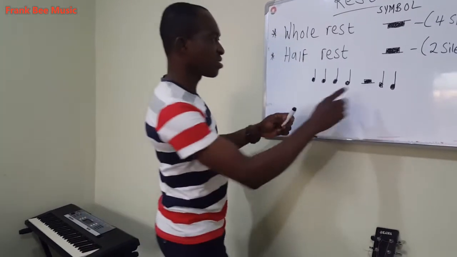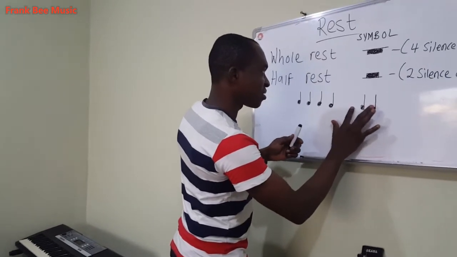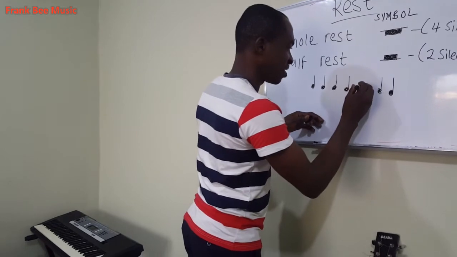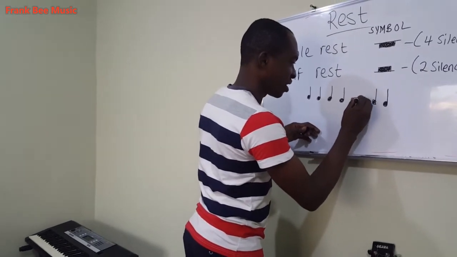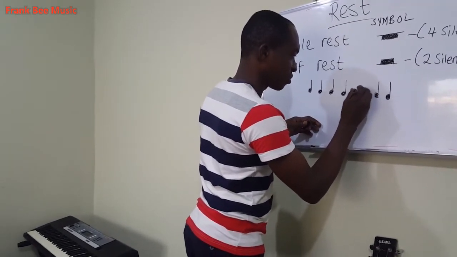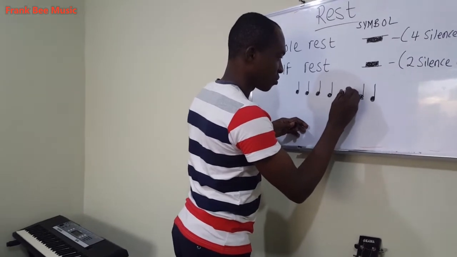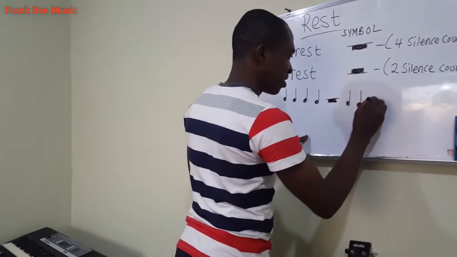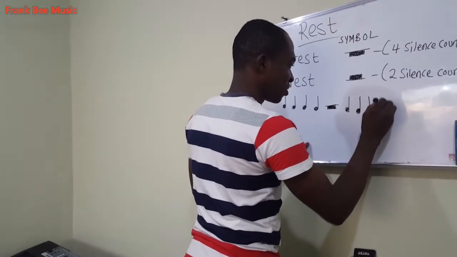Now, let's clean this and use the whole rest. Let's bring the whole rest here and see how it's going to work over here. Then let's add more notes to this.